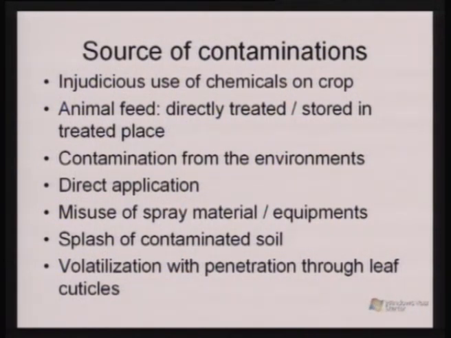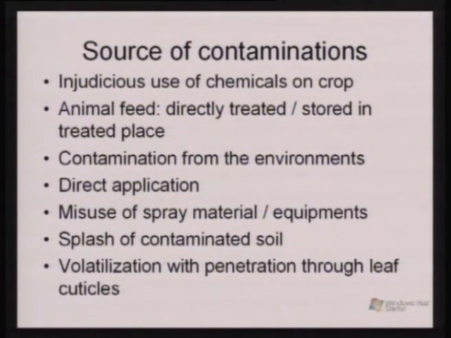Some animal feeds, directly treated or stored in a treated place, can contaminate the human population with pesticides. Directly treated means there are some pesticides that need to be applied on the animal body to keep insects or any insect related problem away.